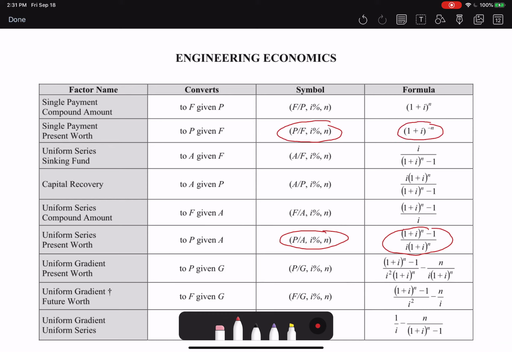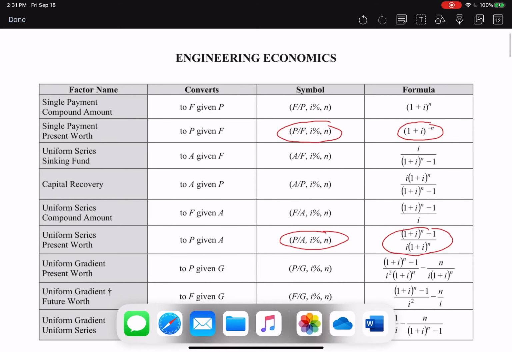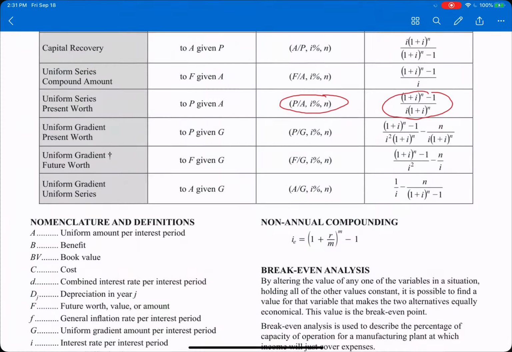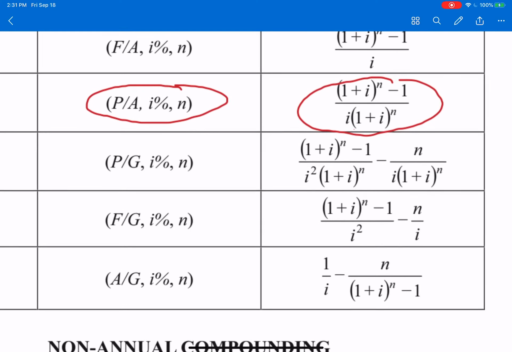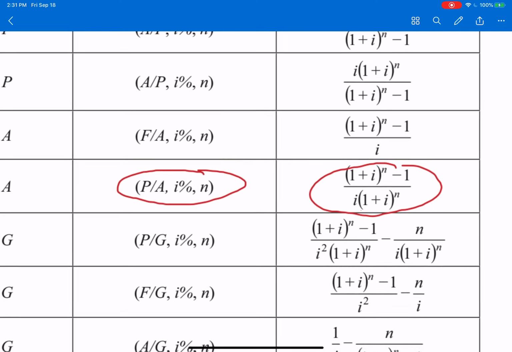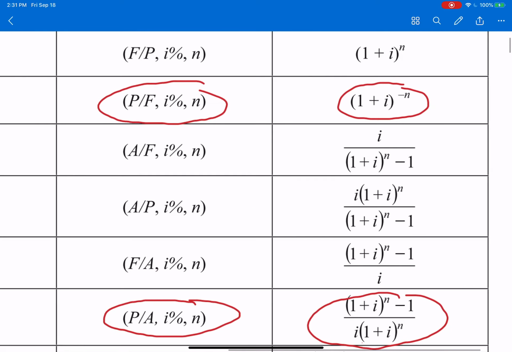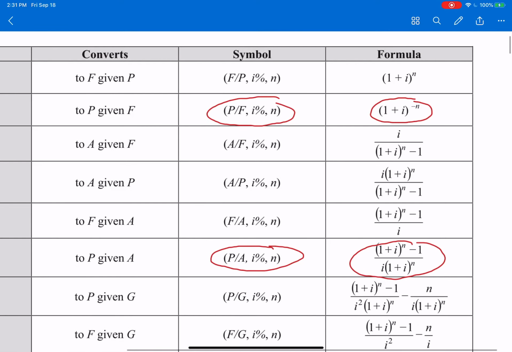So those two equations you can write down here. NPV at I equals negative 5,000 plus 100 times the first equation, as you can see here, 1 plus I power n minus 1 over I times 1 plus I power n. And then P over F, I percent, n equals 1 plus I power negative n.